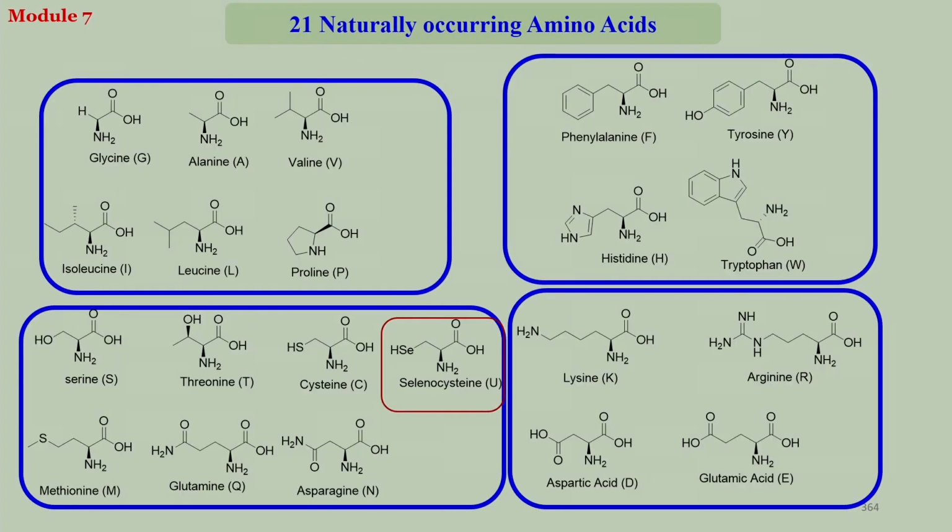Now, if you look at the structure of all the amino acids, you can see a lot of variations in their functional groups, mainly in the side chain. The R group varies a lot, and there are plenty of different functional groups present in different amino acids.